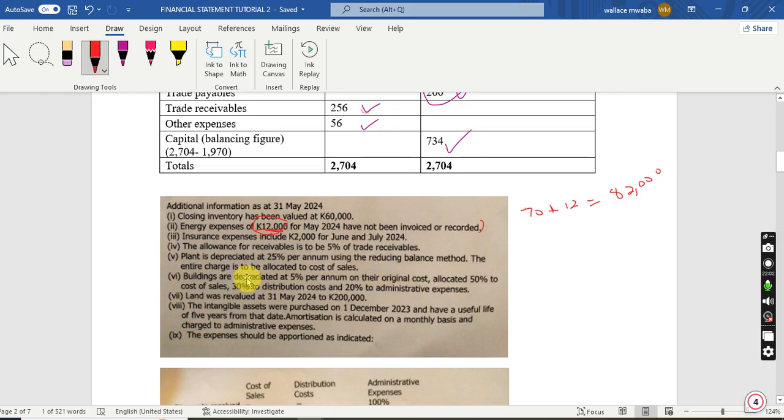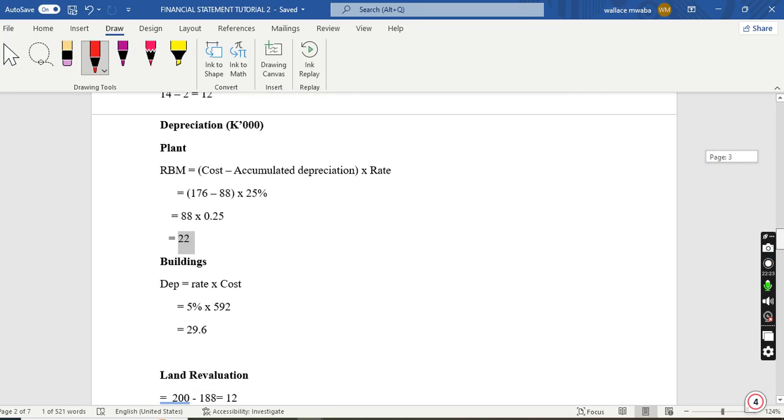So 50% of our depreciation expense for buildings is going to cost of sales. The straight line method is just the rate times the original cost. Very easy.